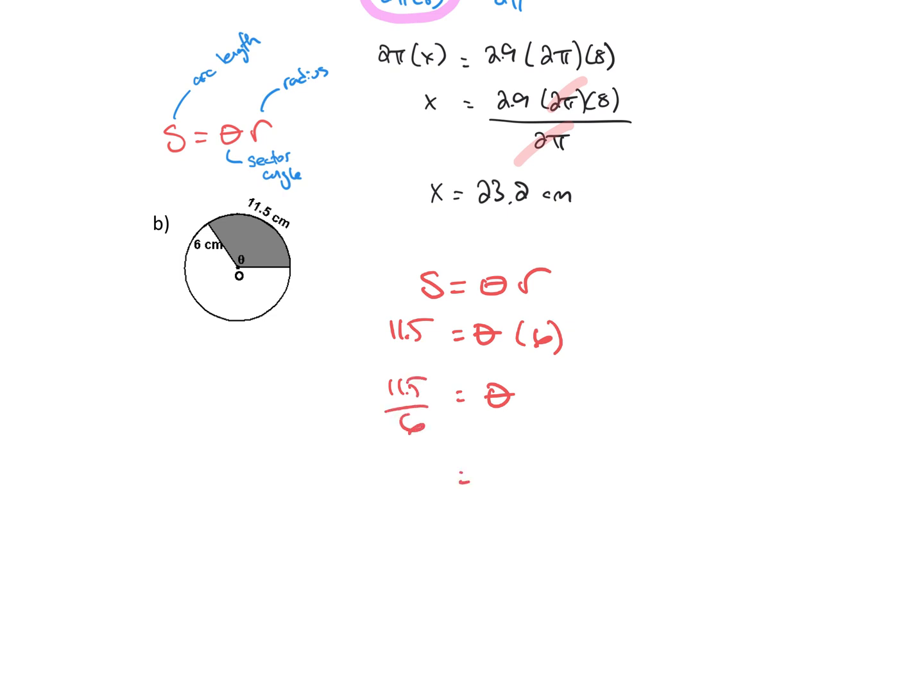If my arithmetic is half decent today, that should be 1.92 radians. 1.91666666. Yep. Cool. So we round that to 2 decimal places. We get 1.92 radians for the sector angle of that diagram.